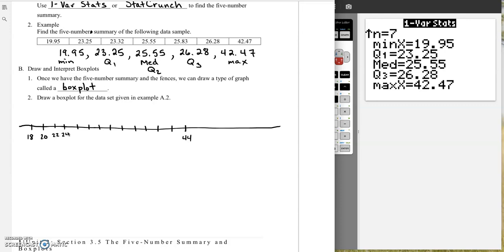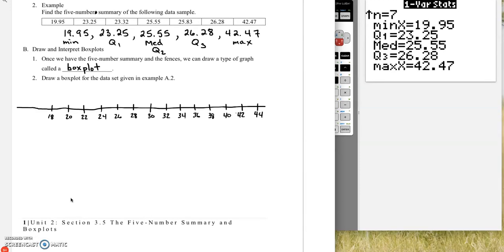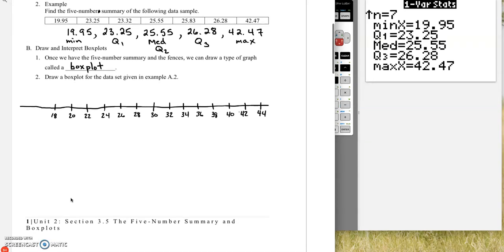And I didn't draw that well either. So I'm going to pause and try to get this straight, and then we'll start the video with a proper scale. Okay, I finally got my graph drawn better.